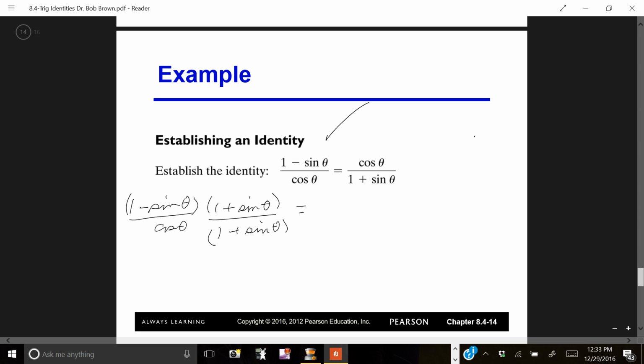And this equals 1 minus sine squared theta divided by cosine of theta times 1 plus sine of theta. Notice that 1 minus sine squared theta is equal to cosine squared theta.